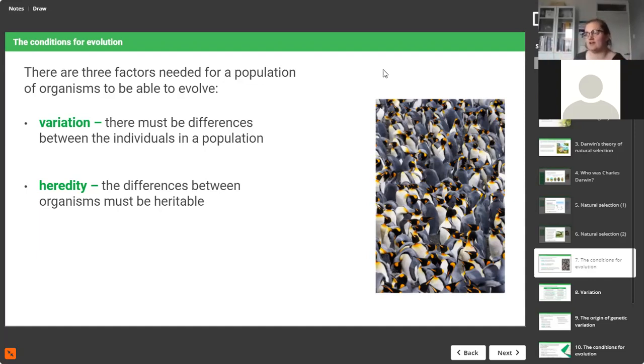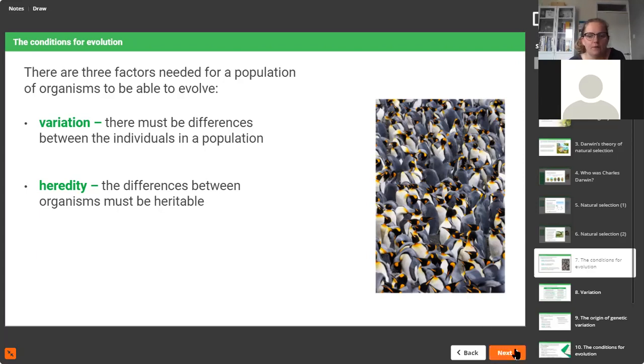It's lost its tail during its life, so it can't help. So if it does survive for longer, yes, it is going to reproduce, but it's not going to pass on that lack of tail because it wasn't born without a tail, it's lost it. So any variation in the individuals that has happened post-birth that isn't genetic-based, things that are heritable, isn't going to allow evolution to occur.